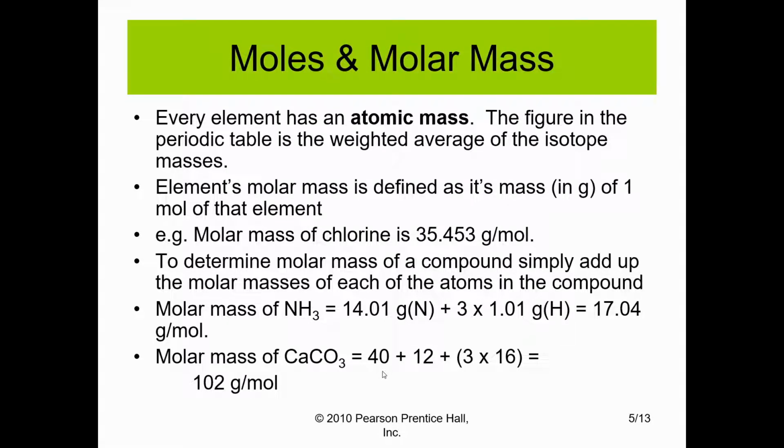Our calcium is going to weigh 40 grams per mole. Our carbon is going to weigh 12 grams per mole, and our oxygen weighs 16 grams per mole. Now, since we have a 3 subscript next to the oxygen, we're going to multiply that 16 by 3, and then we can add up all 3 of these values together to get 102 grams per mole for the molecule CaCO3.